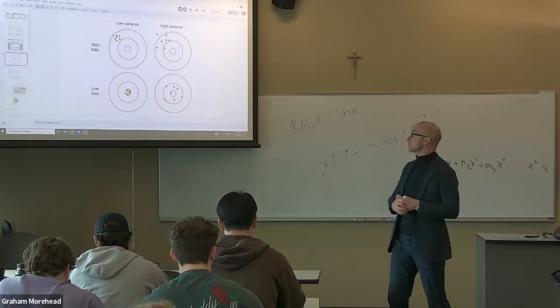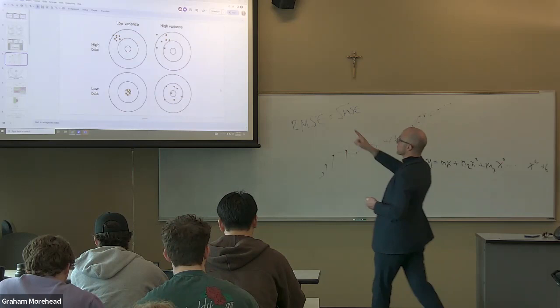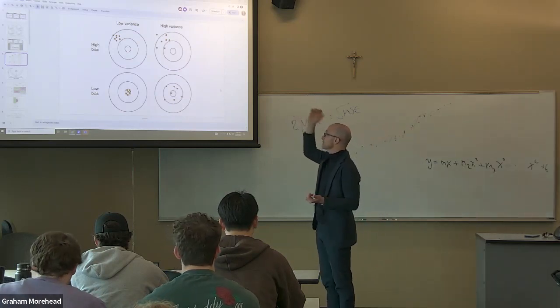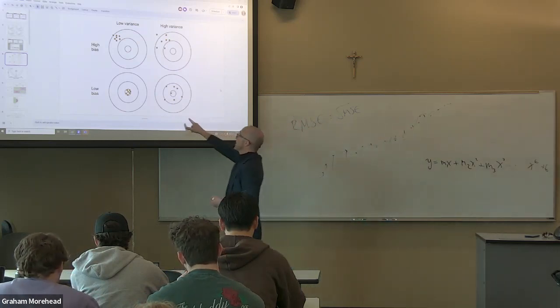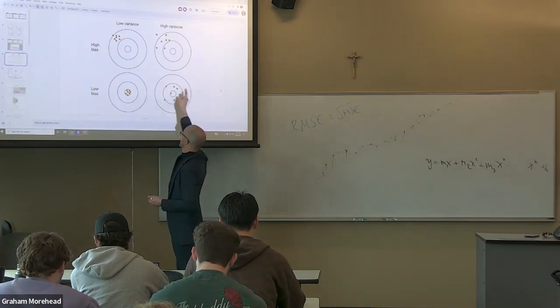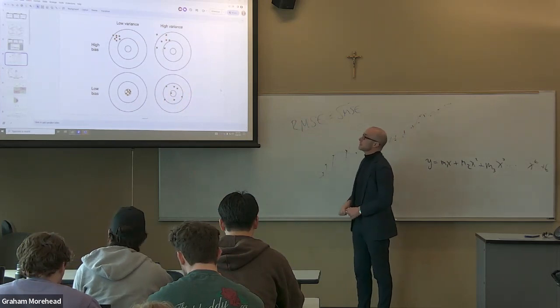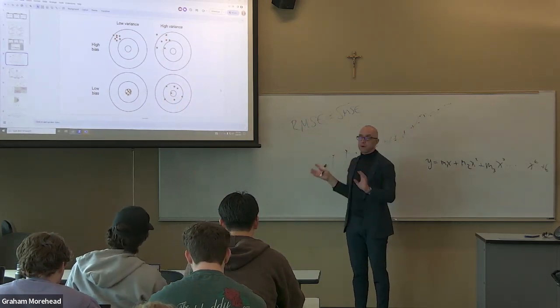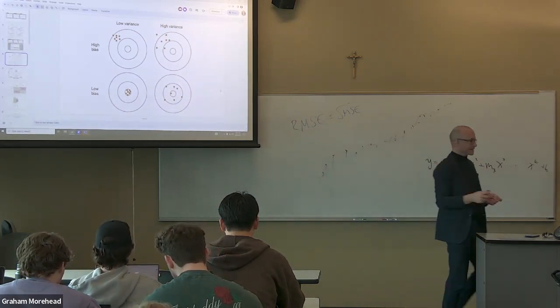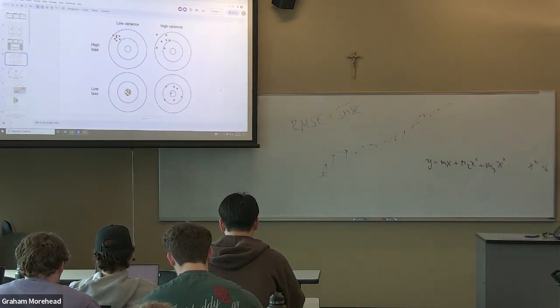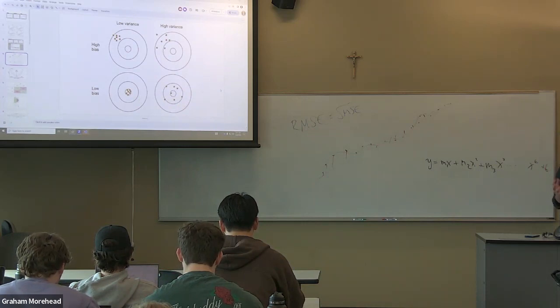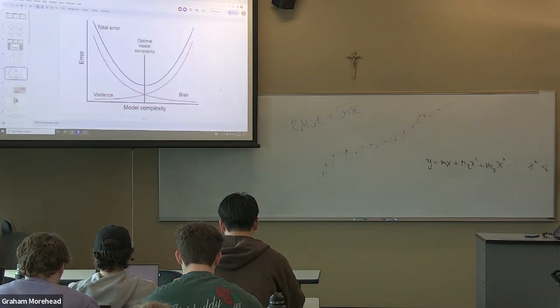Models can do this too. High variance and high bias is the worst. Low bias, low variance is the best. And this, of course, is high variance, low bias. So whenever you're trying to remember what bias and variance are, this is a good visual to keep in mind. So what we're talking about here are different ways that models have errors and how to judge them.